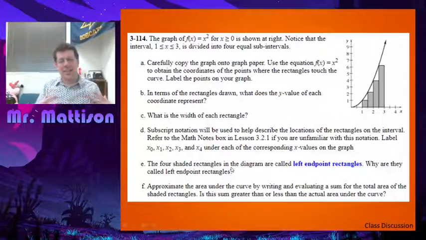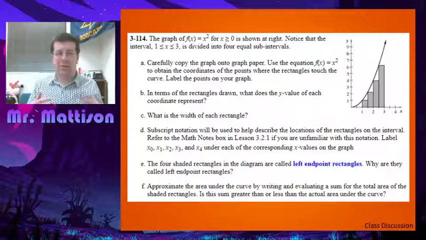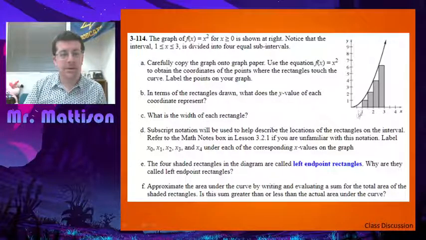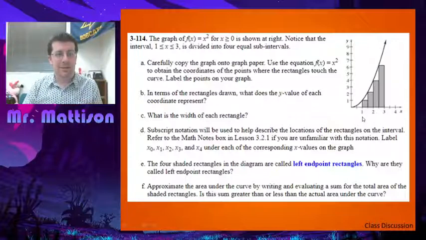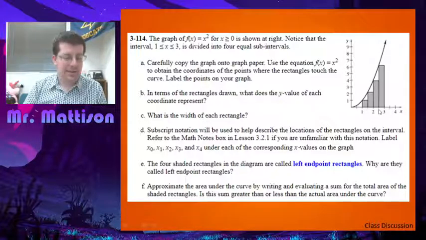We use the x there and then the subscript because these are actually x values that we're going to be using. If I call 1 here my 0th term, it's an x value, but it's my 0th x value. My next one is going to be 1.5. That's my first x value. Then my 2 is my second x value. My 2.5 is my third x value.